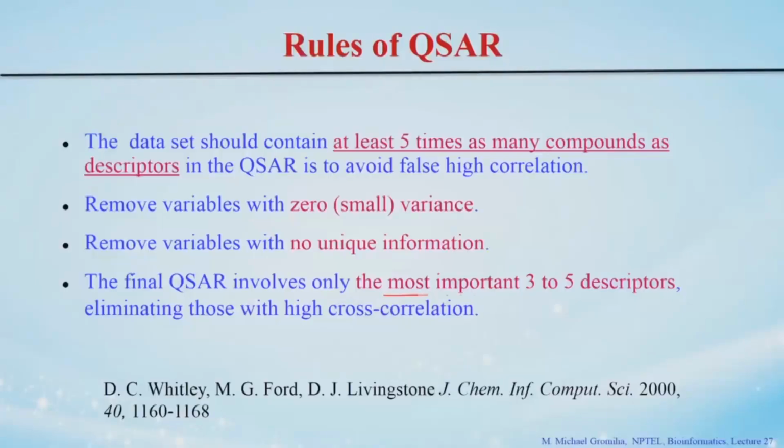If you look into these QSAR models, in most cases the final model contains the most important 3 to 5 descriptors. You can have a large number of descriptors, make a subset and train, then again take the best features and make a smaller subset. Finally, you end up with 3 to 5 descriptors, eliminating those with high correlation among the properties, and then you can see whether the model explains the biological activity well.